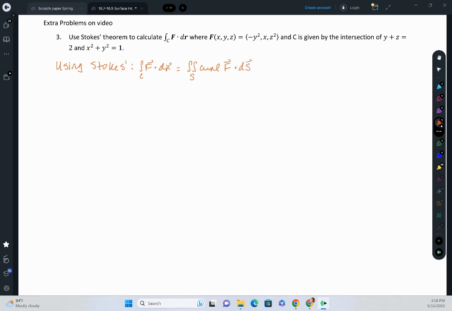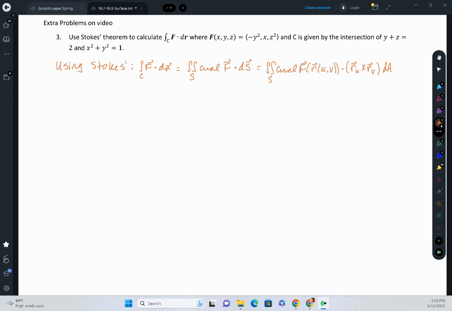If I use that, I'm supposed to take my curl vector and evaluate it at my parametric function of my surface. And the dS hat means I'm going to be dotting with r sub u cross r sub v, so that's the normal vector, and then dA.